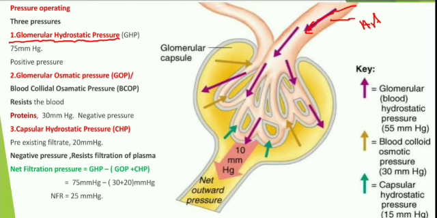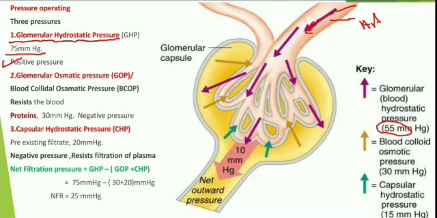It is about 75 millimeter Hg. In some textbooks, it is given as 55 millimeter Hg. It can vary from one textbook to another, so later you should take an average reading. This glomerulus hydrostatic pressure is an example of positive pressure.